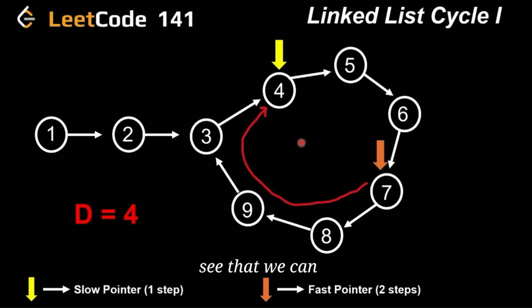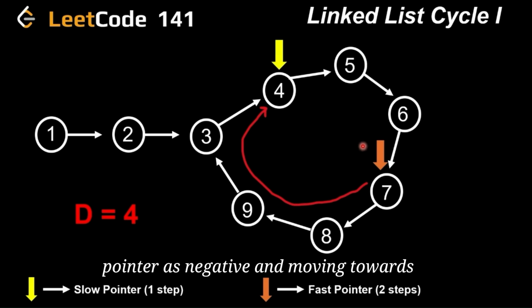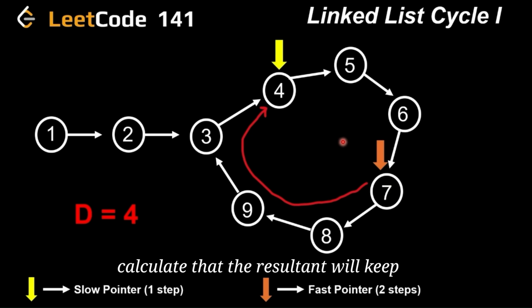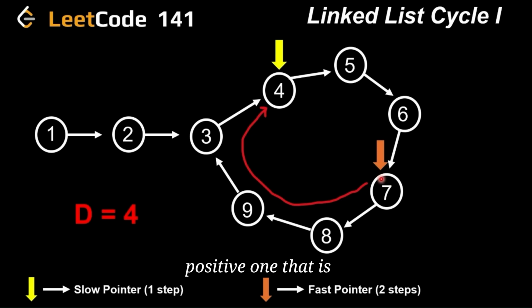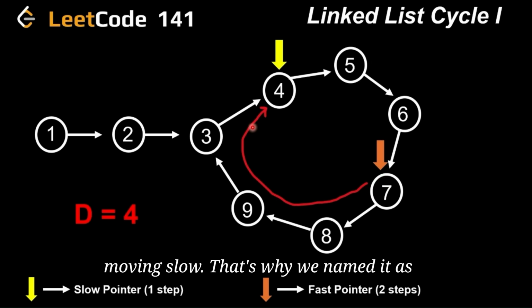We can take moving away from the fast pointer as negative and moving towards the slow pointer as positive. When we calculate that, the resultant is positive 1. That is, the distance decreases by 1 instead of increasing, as the slow pointer is moving slowly.